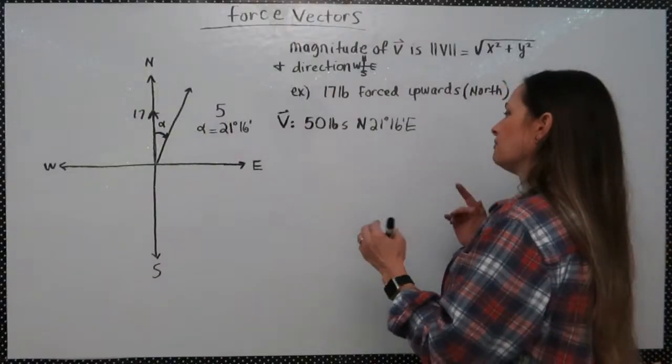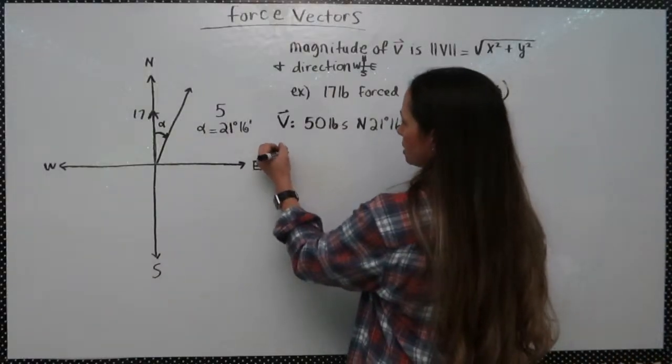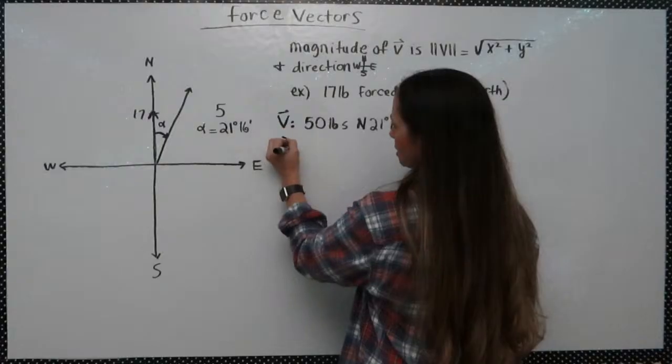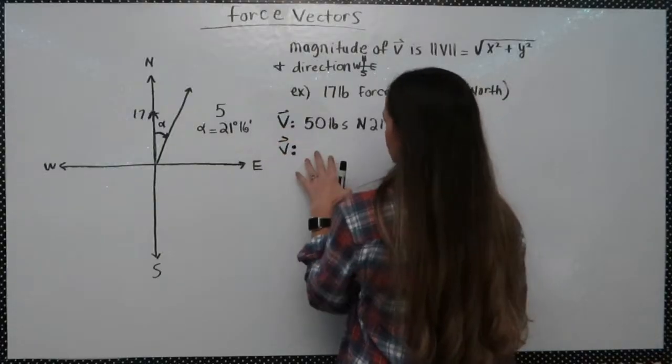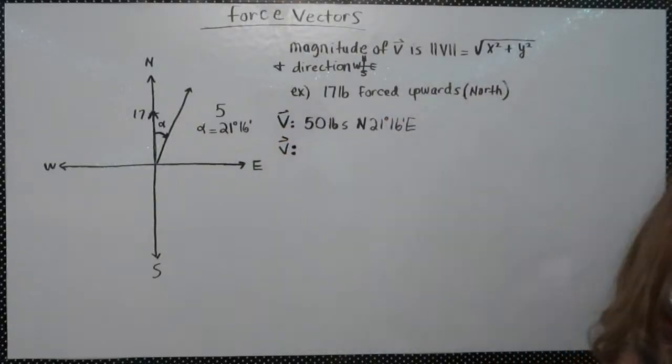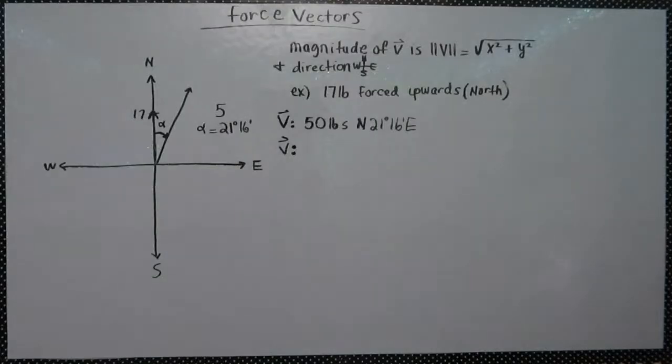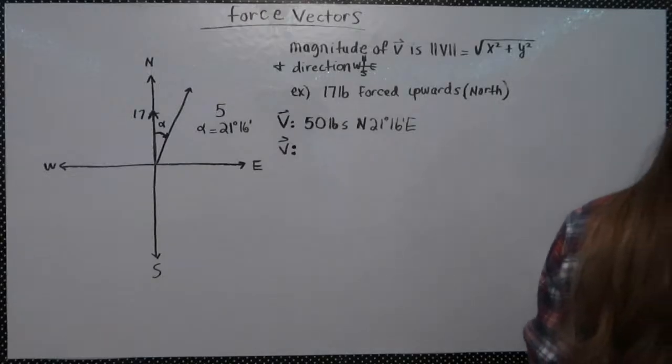So if you had a vector here and you had another vector here, this is a little advanced for vectors, but I can probably go ahead and try to work this one. 150 pounds north, 49.28 west.